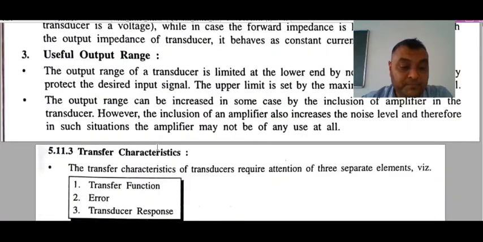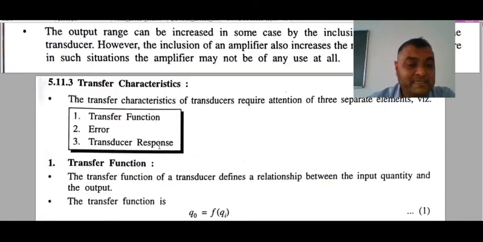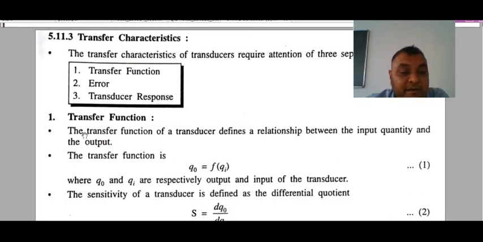Okay, now we will see the transfer characteristic of the transducer. For the transfer characteristic of a transducer, there are the transfer function, error, and transducer response. Okay students, first of all we will go with the transfer function. So what is transfer function basically?